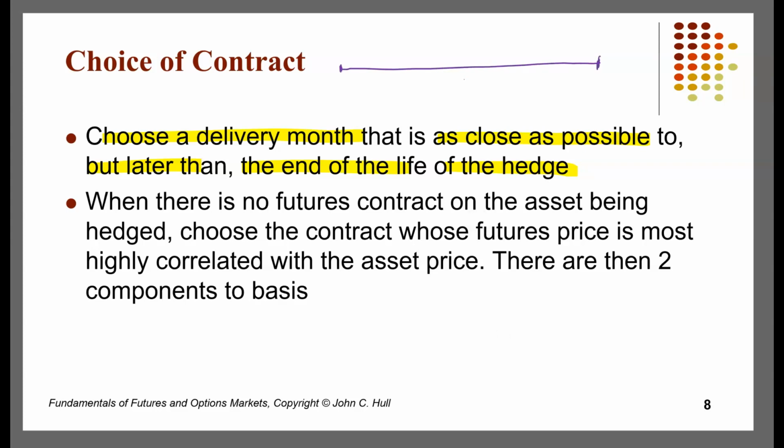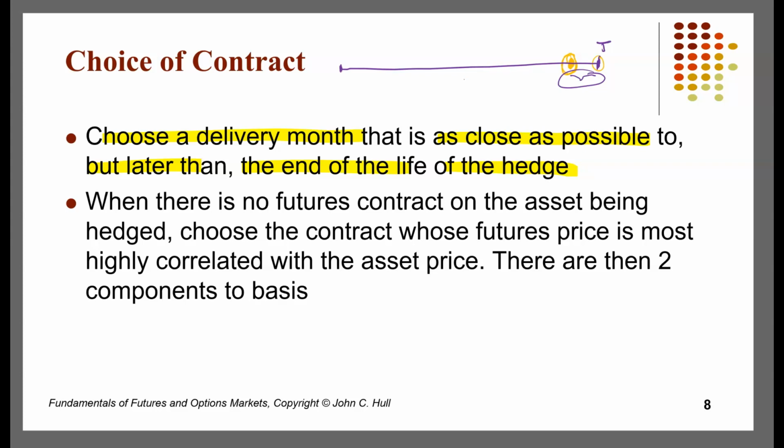If the hedge expires at some point in the future t, we want to make sure that the purchase or the sale of the underlying happens a little bit before the end of the hedge. Because you don't want to have a period where you are essentially not hedged at all. You also do not want to be selling the underlying at the time you're closing out the hedge at that point in the future.